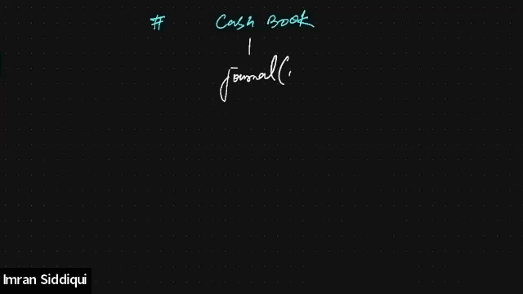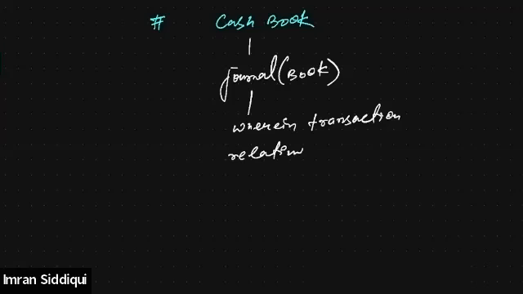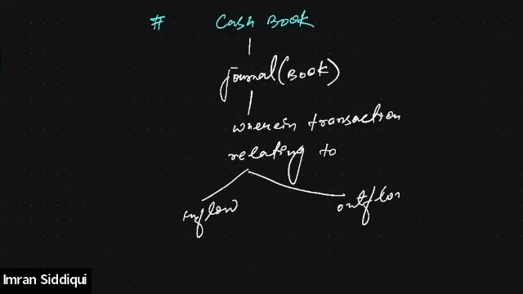Journal here means it is a kind of book wherein transactions relating to inflow of cash and outflow of cash are recorded.